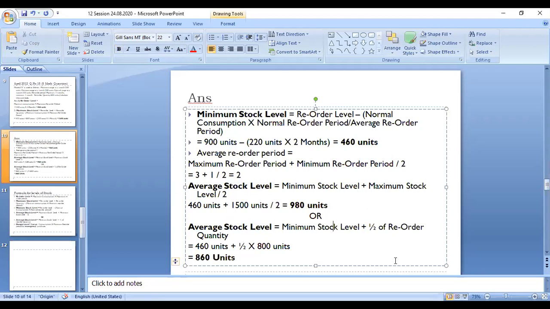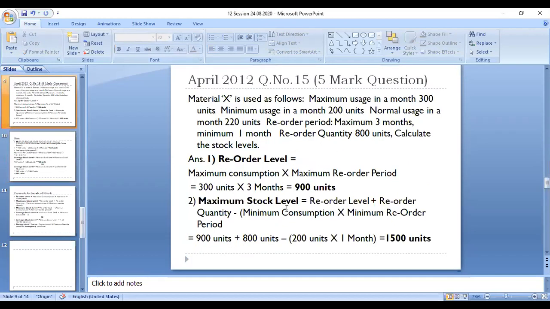So that answer is 860 units. Okay, so if nothing is given, you have to calculate average stock level, minimum stock level, maximum stock level, reorder period. If danger level information is given, you have to calculate the danger level also. Okay.